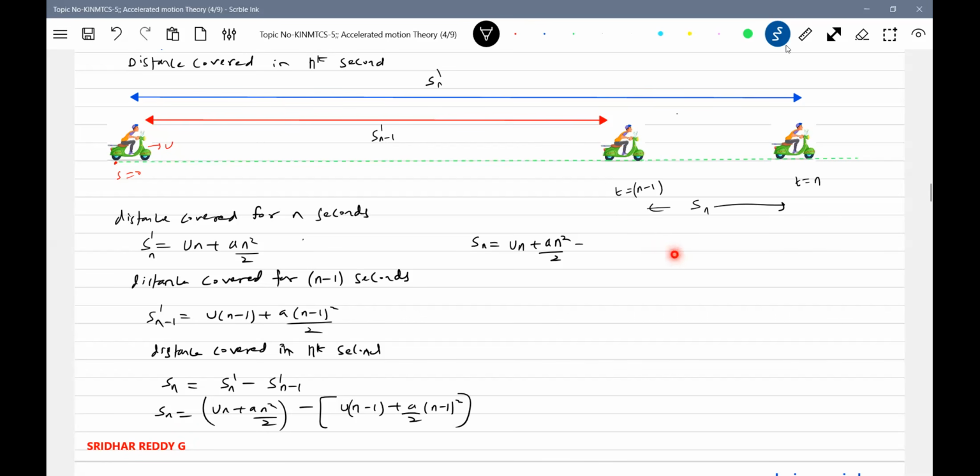Let me expand that, then I'll introduce the bracket. I'll open the bracket. Let me expand this. This will be n square plus 1 minus 2n.